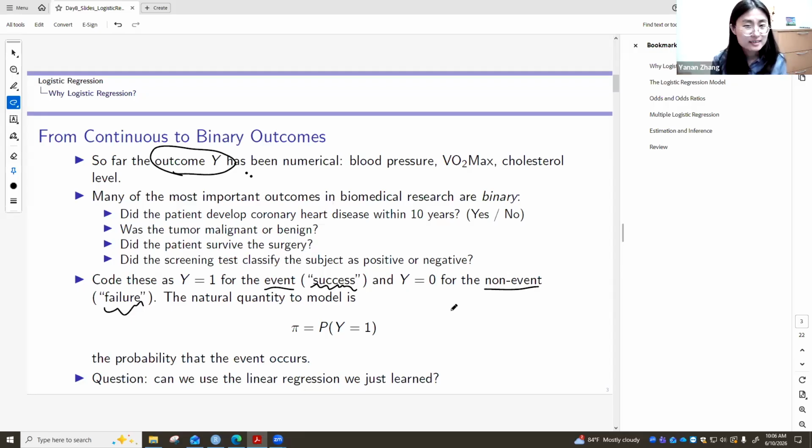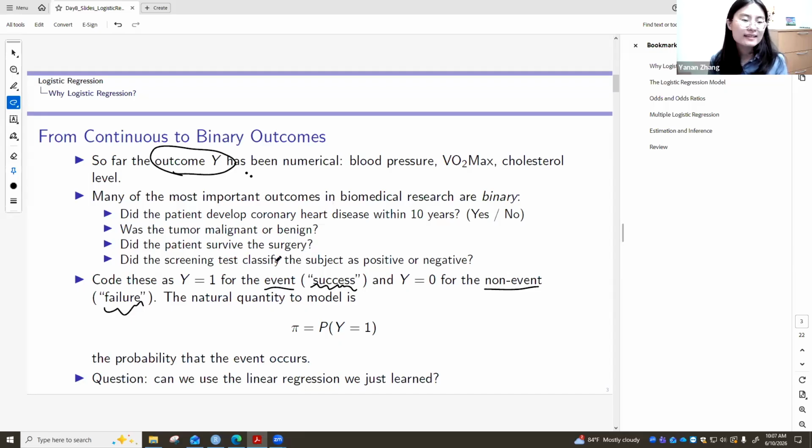The answer is yes. If you define not having coronary heart disease as a success, then those people will be coded as Y equals 1, and for those people with disease, Y will be coded as 0. So it really depends on what you want to study.